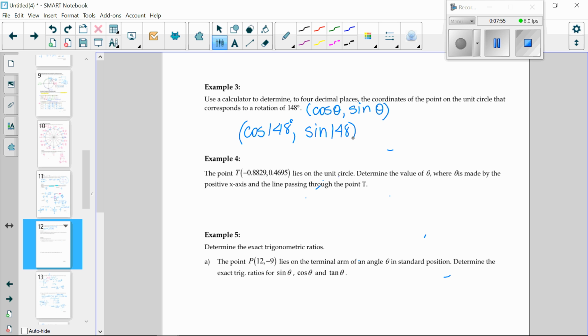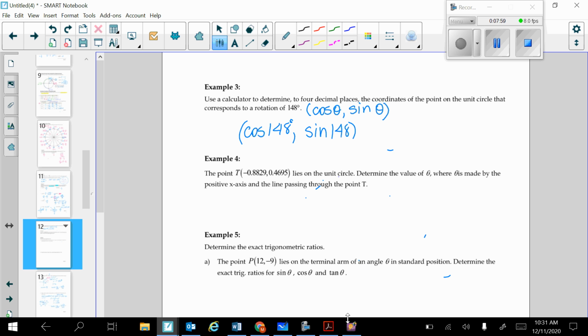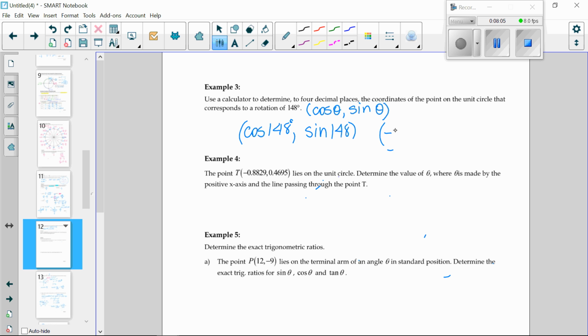So just put in cos 148 and sine 148, and that should give us negative 0.8480 and 0.5299. Okay, that would be the coordinate. That's where you would find that angle.